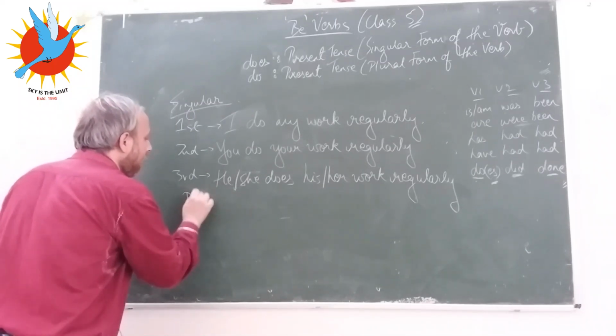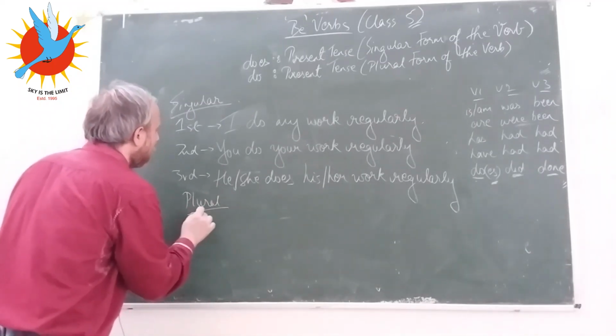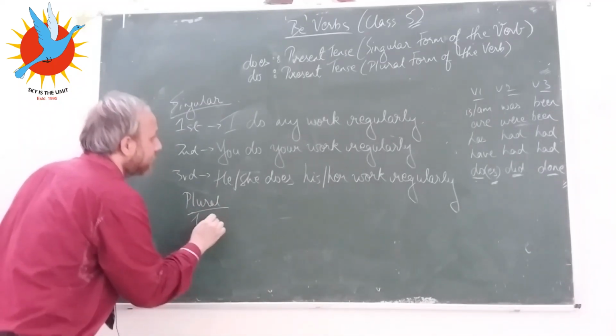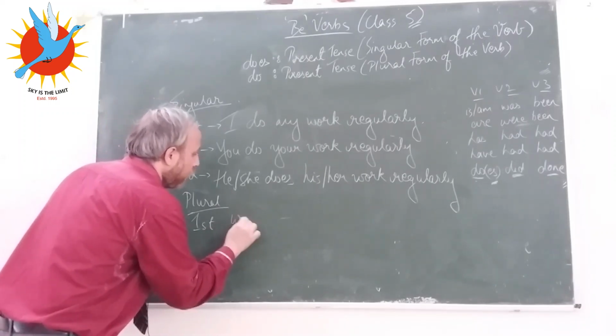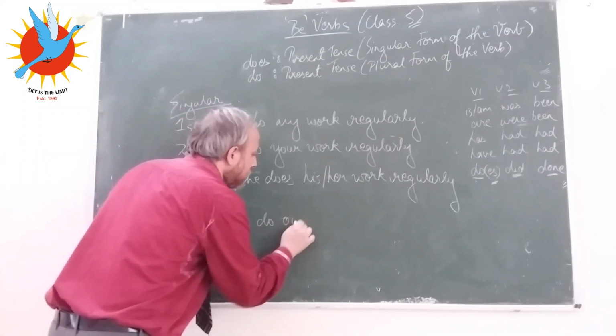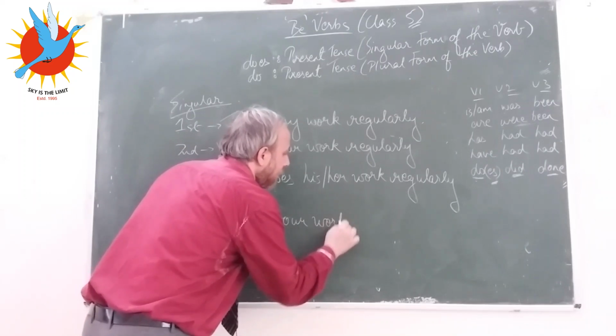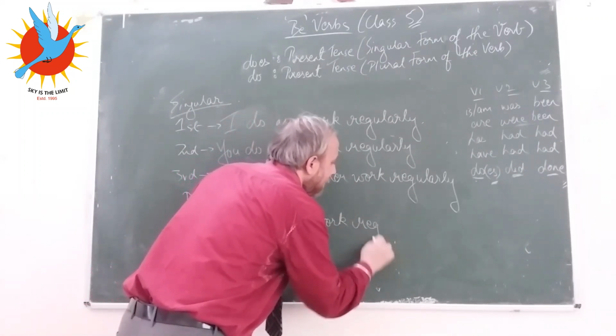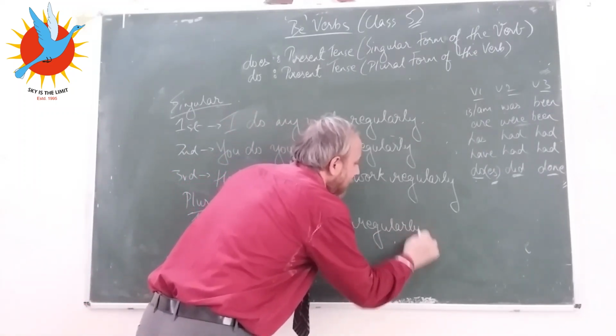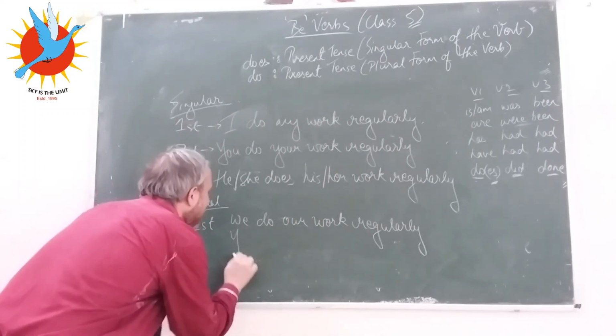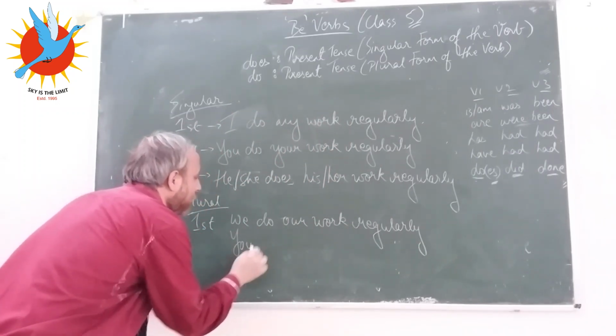Let's talk about plural. How does it work? Let's see. Okay, look at first person. Okay, let's say we do our work regularly. Okay, let's say you. Okay, second person plural.